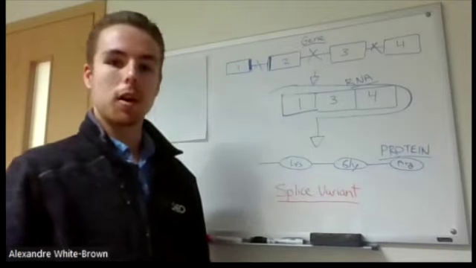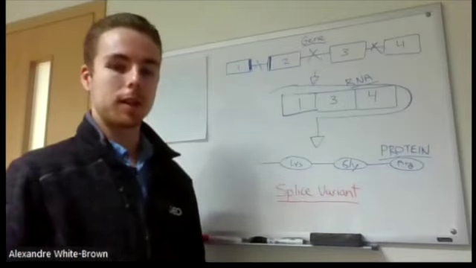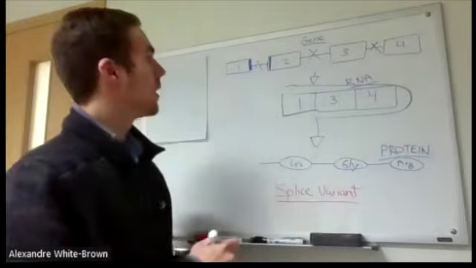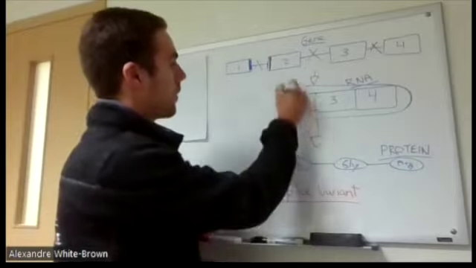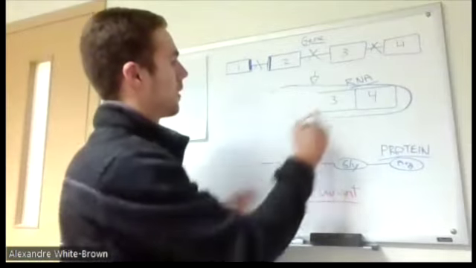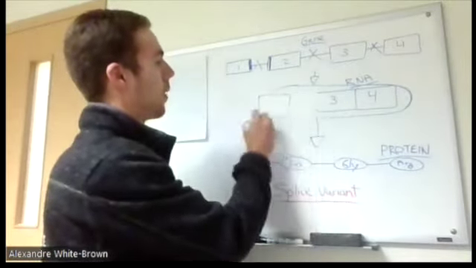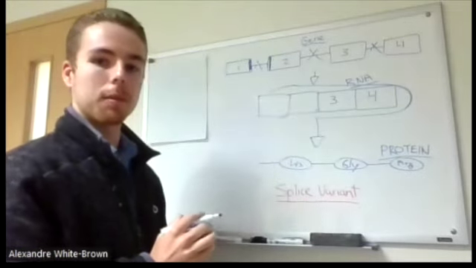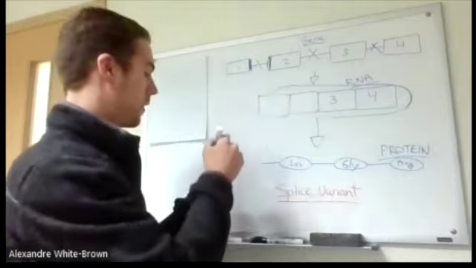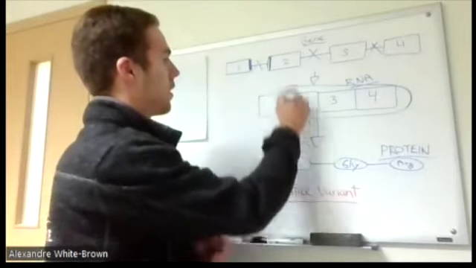Now, the last consequence that we can have from splice site variants is that sometimes we have our 1 back, we have our 2 back, but then sometimes we can also have smaller parts.